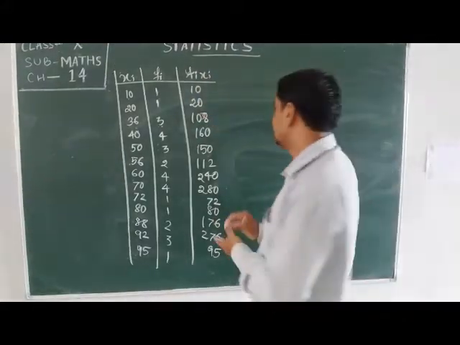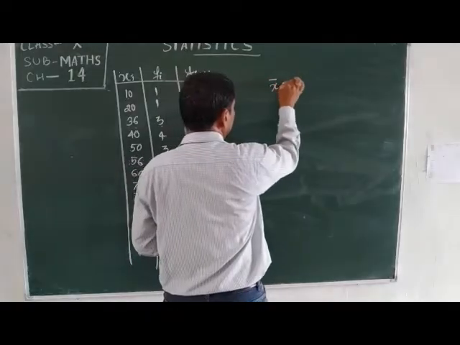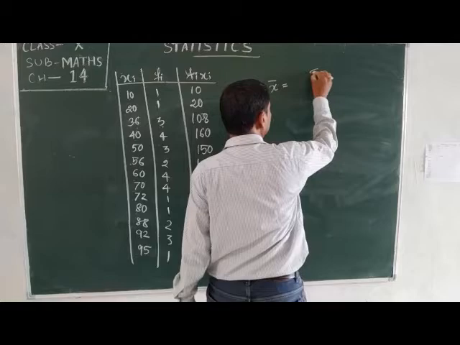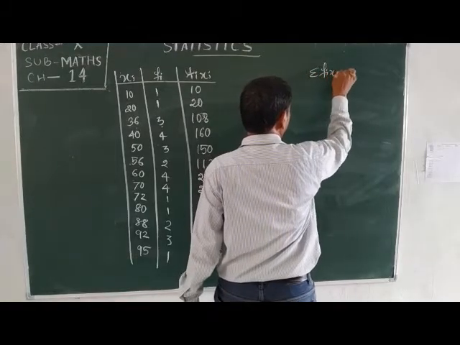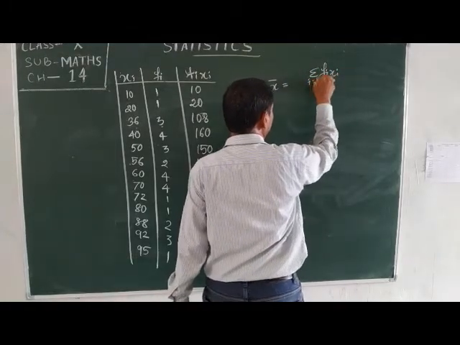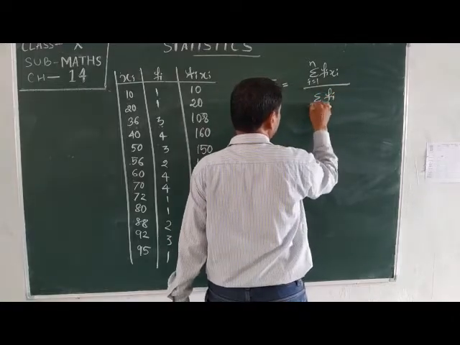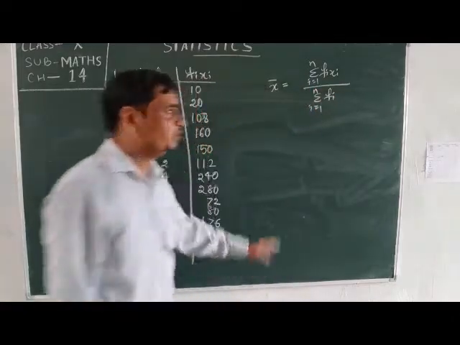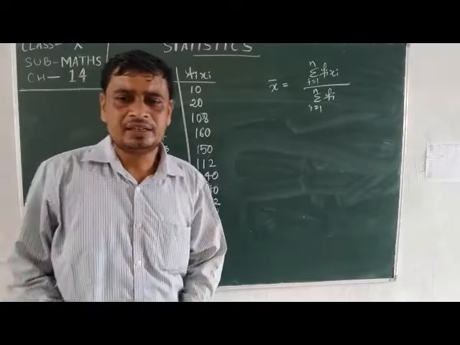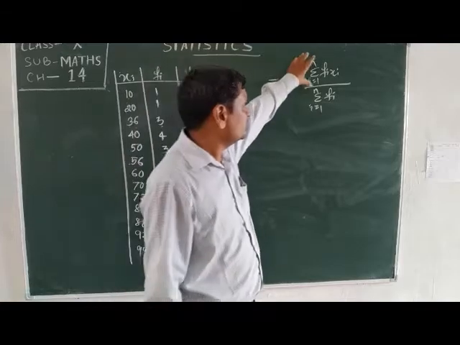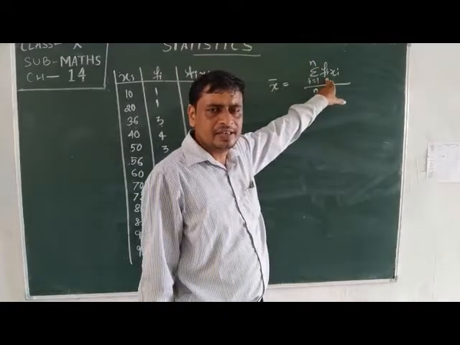Then the mean is calculated as the sum of fi xi, where i varies from 1 to n, divided by the sum of fi, where i varies from 1 to n. This one is the mean. Here the numerator represents the sum of all the fi xi.